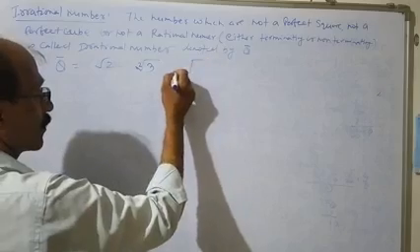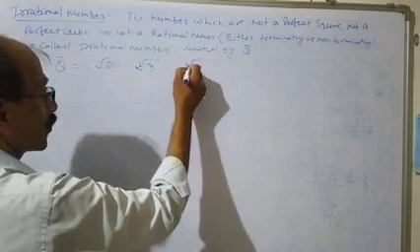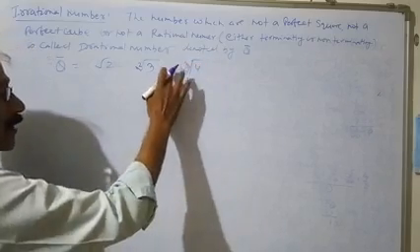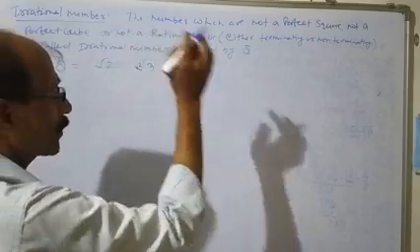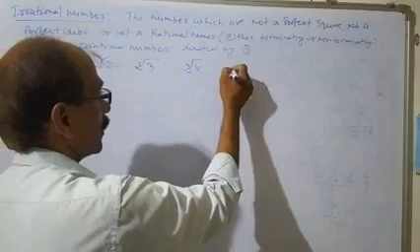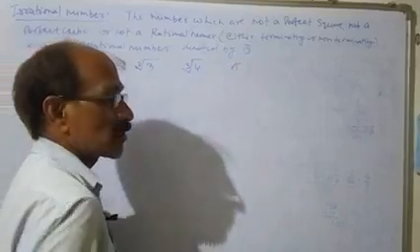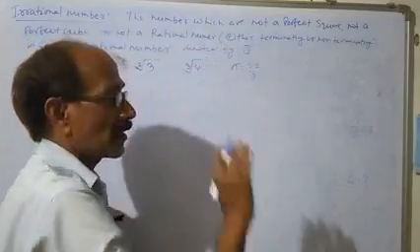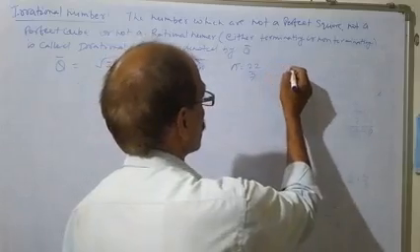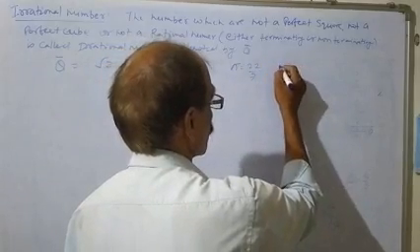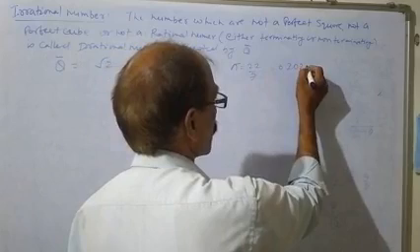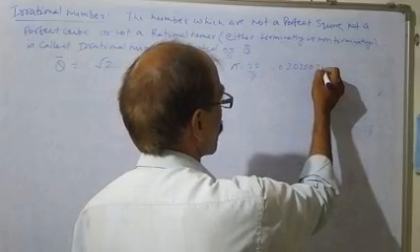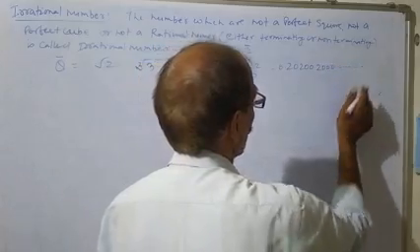Again, cube root of 4, 4 is not a perfect cube. Comma, pi. Pi is equal to 22 upon 7. It is also an irrational number. Also 0.2, 0, 20, 00, 2, 000 and so on.